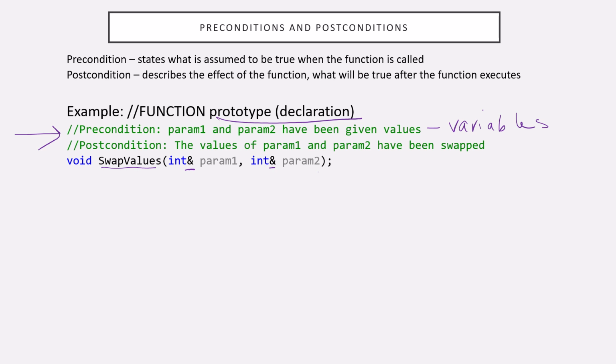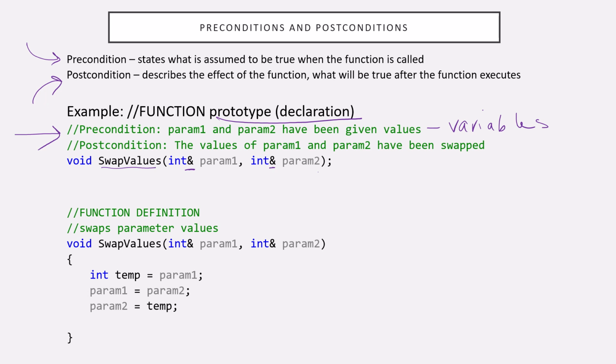So precondition states what must be true to use the function, and postcondition states what the effect of the function is after the function executes. In your function definition, you don't have to put preconditions and postconditions, but you really should put them on your function prototype or declaration, because I should be able to look at anyone's prototype or declaration and know how to use that function.